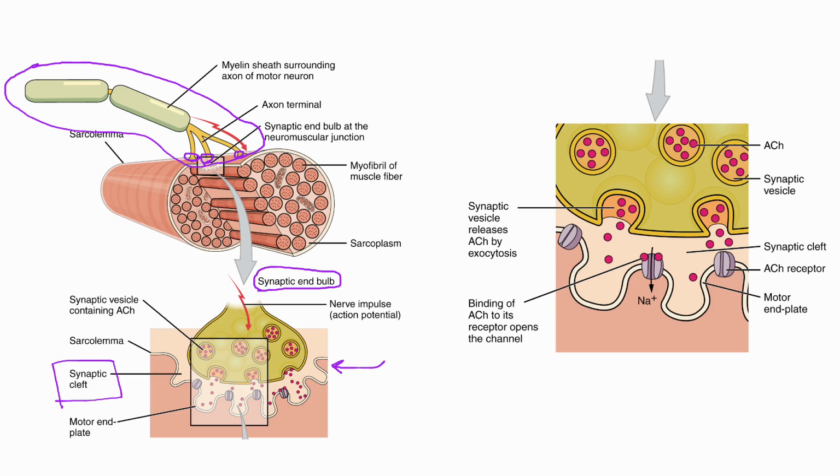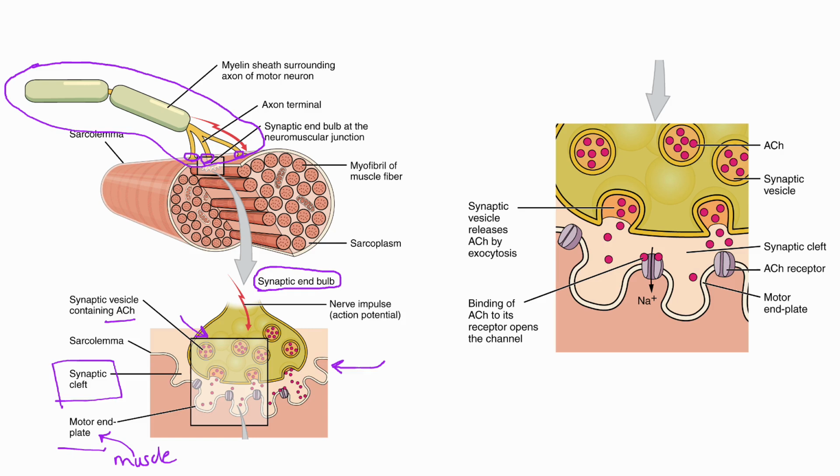So we have the end bulb of the neuron, and then we have the motor end plate, which is from the muscle fiber, and the space in between is the synaptic cleft. Now, there are vesicles present at the very end containing our neurotransmitter acetylcholine.